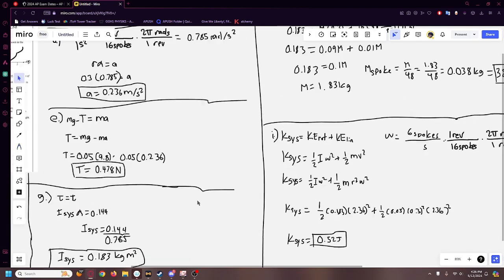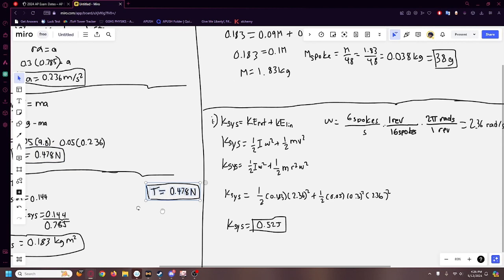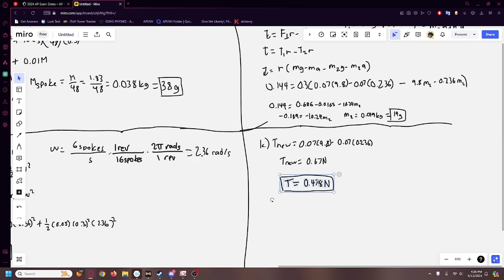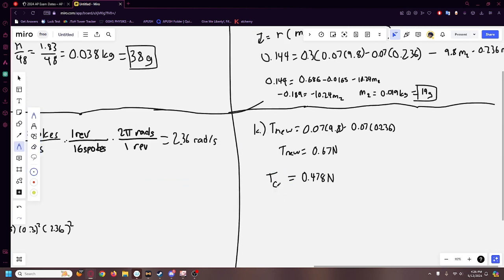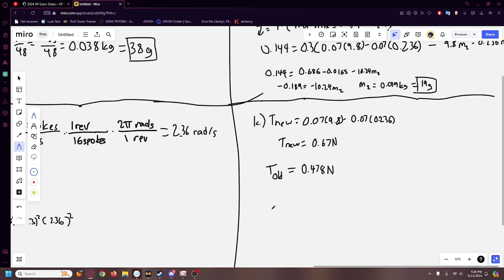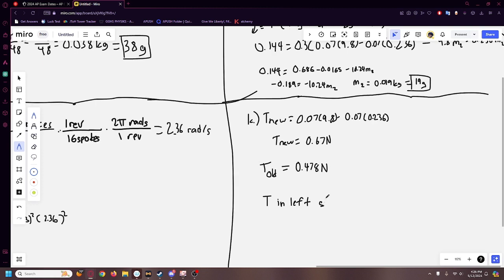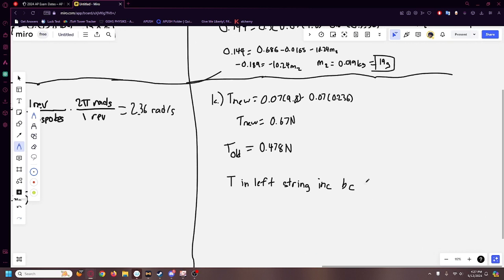And the old tension is this. So the tension in the left string increases, because the new tension is greater than the old tension.